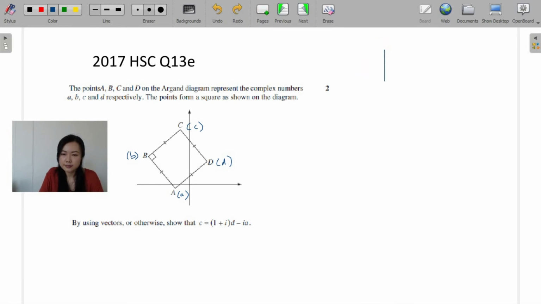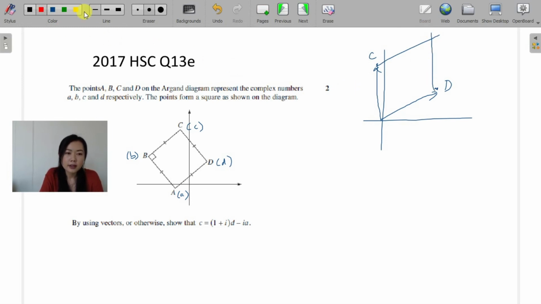If I drew the position vectors like that, and we apply the parallelogram rule to it, remember what I said, this vector here is the addition vector, but the other diagonal is the subtraction vector. And in fact, if it's pointing towards C, it will be C minus D. So that understanding is important.